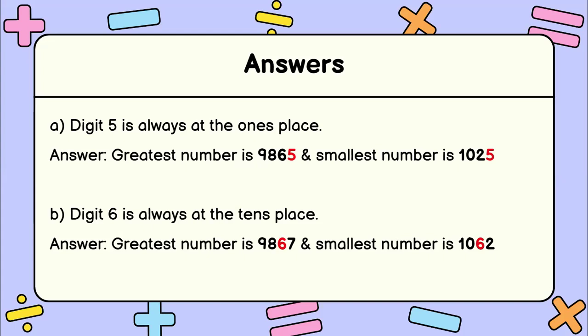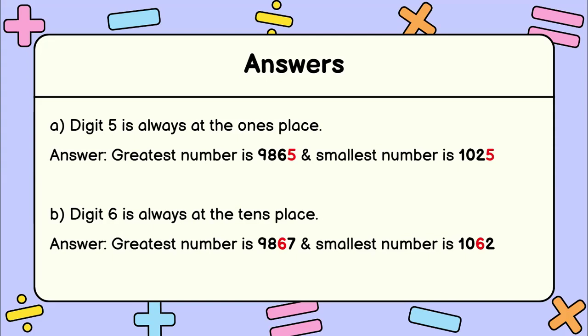Now, the B sequence. Digit 6 is always at the tens place. The greatest number we'll get is 9867. 6 is at the tens place, 9 is at the thousands because it's the largest, 8 is the second largest, so it's at the hundreds, and 7 is at the ones place.